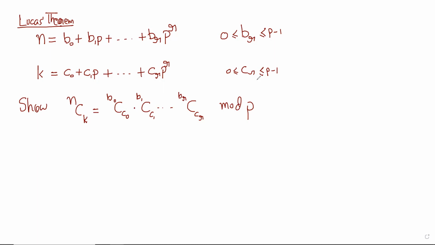Maybe then we can remove that condition and still solve the problem. Let's try it. So these are the digits basically, and P is a prime.